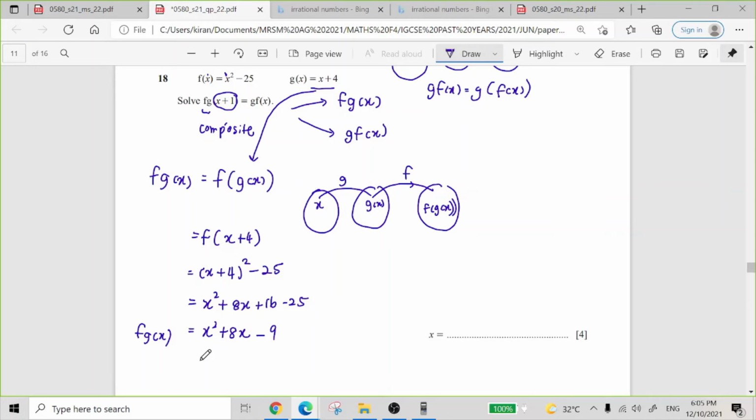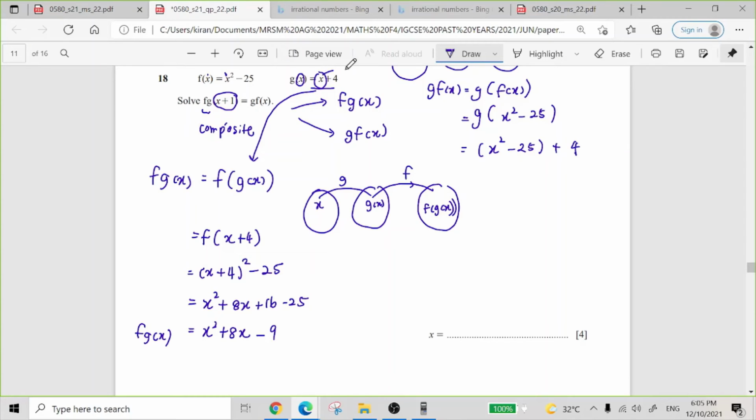We continue with the part for gf(x). For gf(x), we substitute the function f into g. We put the function f(x) here, and this part will be substituted into the function g, replacing the variable x. So you take x squared minus 25 and replace x here. Since g(x) is x plus 4, then g(f(x)) becomes x squared minus 25 plus 4.